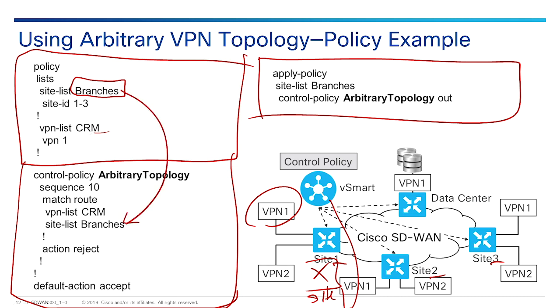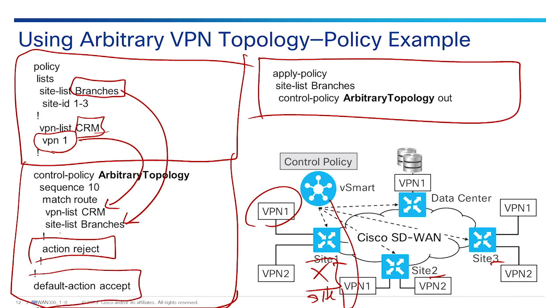Okay? So we're matching the route CRM, which is VPN 1. We're matching site list branches, which is sites 1 through 3. And our action here is to reject those prefixes. And our default action, which is always the last step, is to accept them.